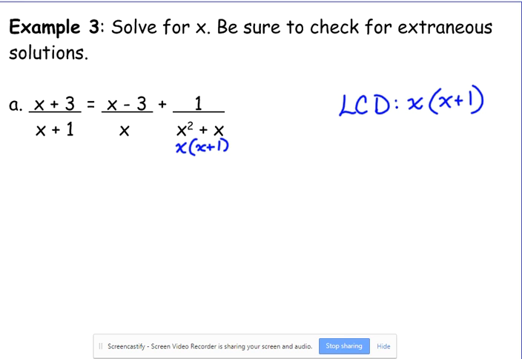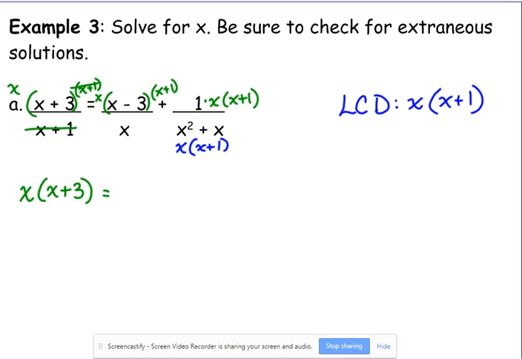So we go through, just like with complex fractions, we multiply each thing with x times x plus 1. And I'm just going to go ahead and write it all out, and then I'll go back and cancel. So in the first one, x plus 1 cancels, so we've got x times x plus 3 equals, in the second one, x cancels, so we've got x minus 3 times x plus 1.